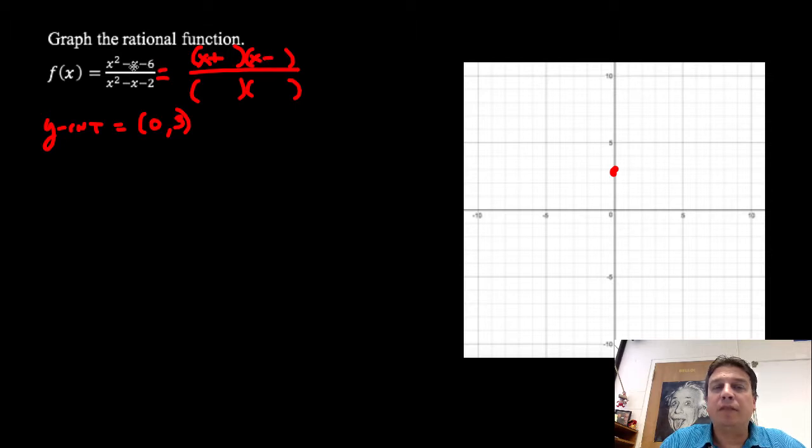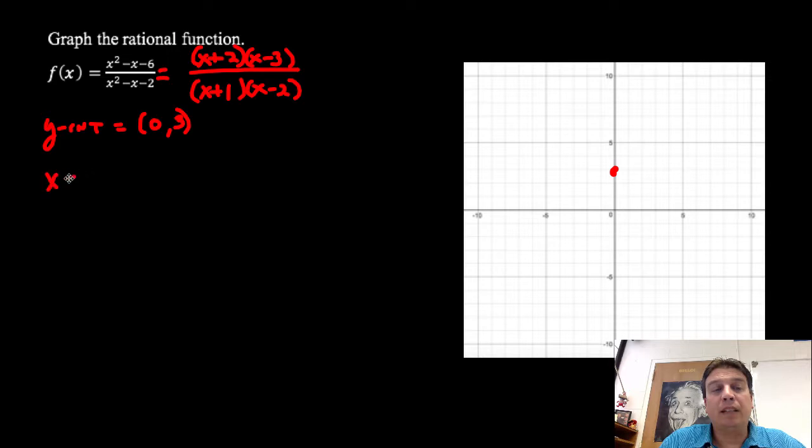Factors of 6 that differ by 1, well, that's going to be a 3 and a 2. Then we go through and do it again for the denominator. So first terms in each are x and x. It has the same relationship where I have a negative sign here, and then I've got a negative sign here, so they're going to be opposite signs. And then factors of 2 that differ by 1. So the 2 goes over here and the 1 is there.